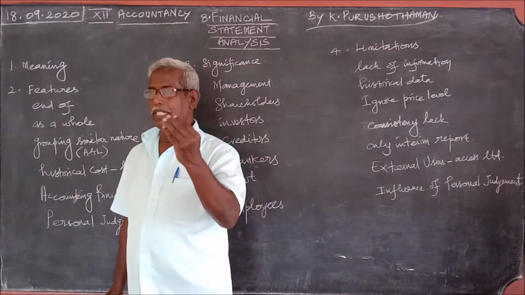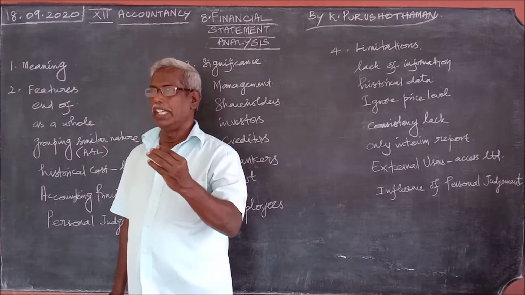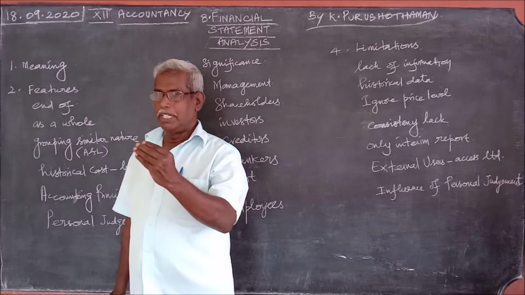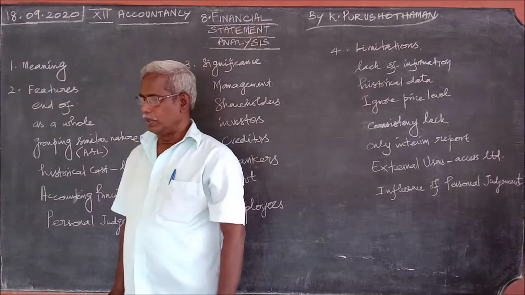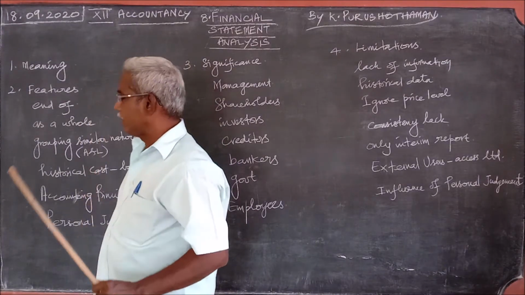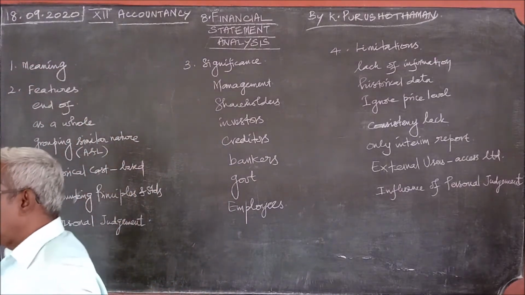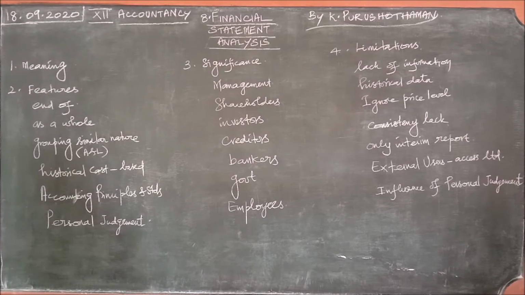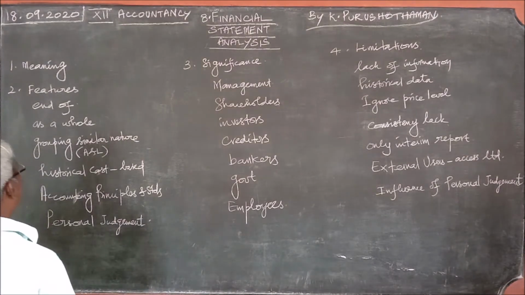If the business is started in July, then the statement will be prepared in June. Therefore, it depends upon the duration of the business.